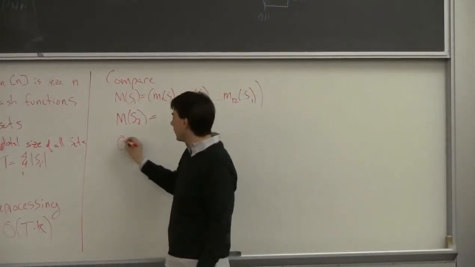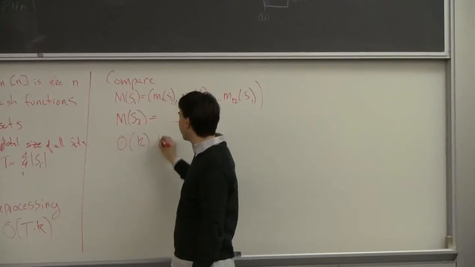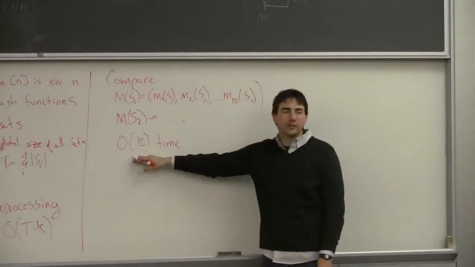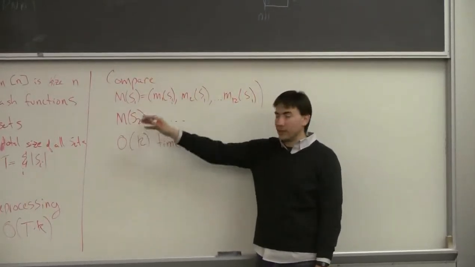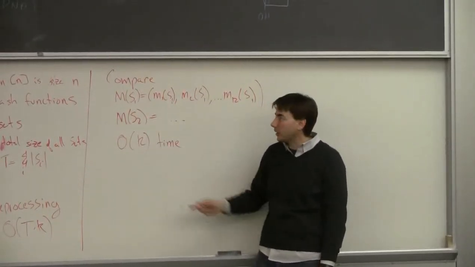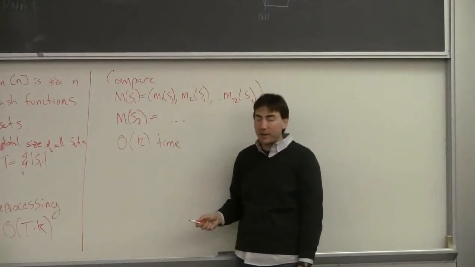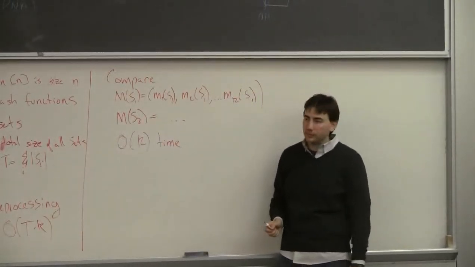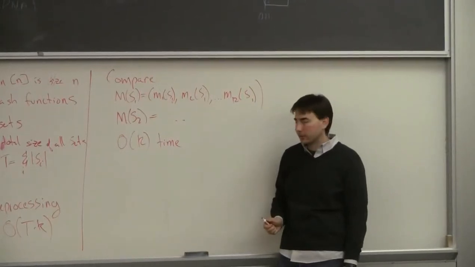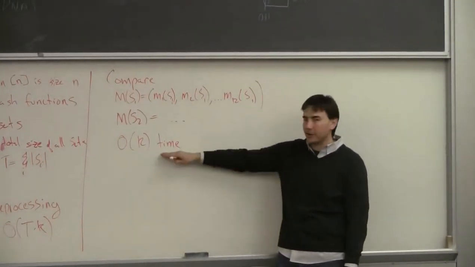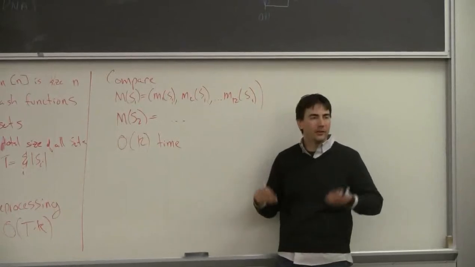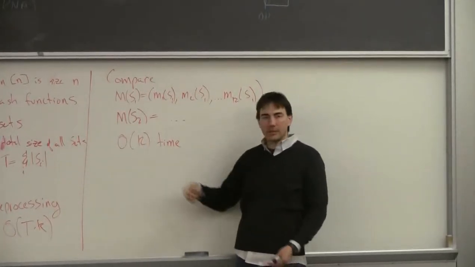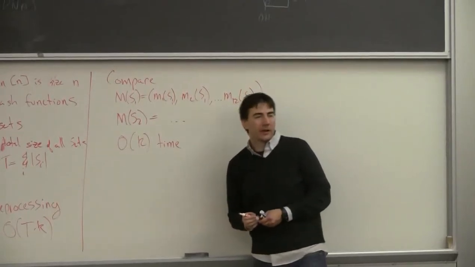Comparing them is only going to take O of k time. So now this is independent of the size of any of the sets, independent of the whole domain. It only depends on the number of hash functions I need. So I can now compare them in time that doesn't depend on the size of the original data set, and by making k larger, I'm going to get more accurate estimates.